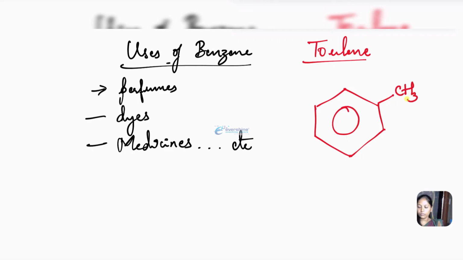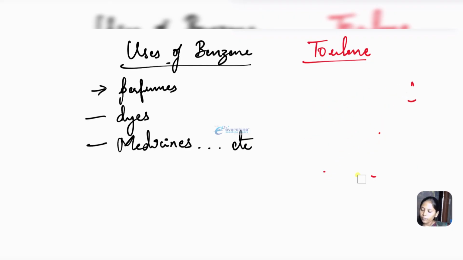You can write like this, or you can write 6 carbons, alternate single bond, double bond, with one CH3. So this is the structure of toluene: a benzene ring with one CH3. Or else you can write in another way also.